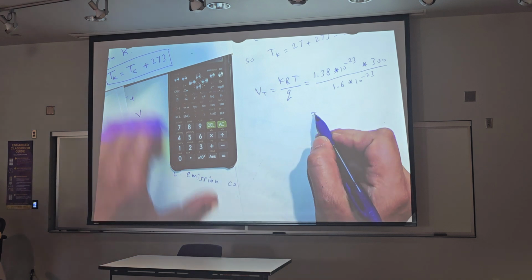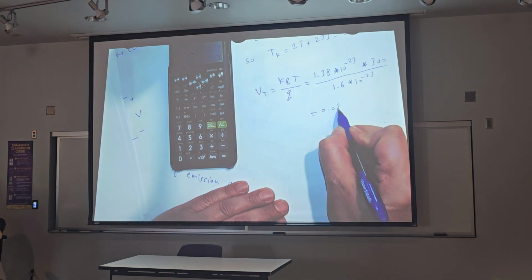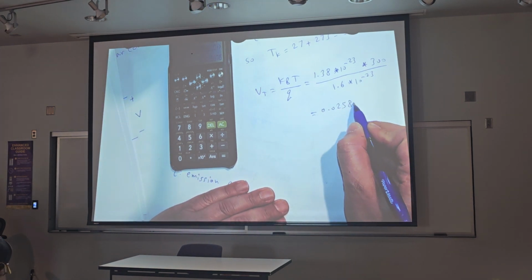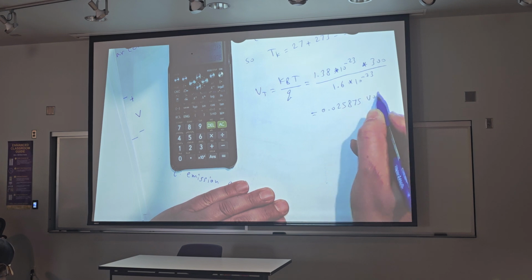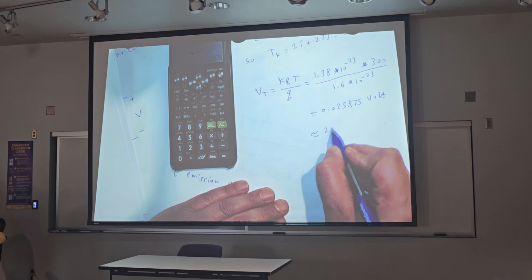So equal 0.025875 volt or approximately 26 millivolts.